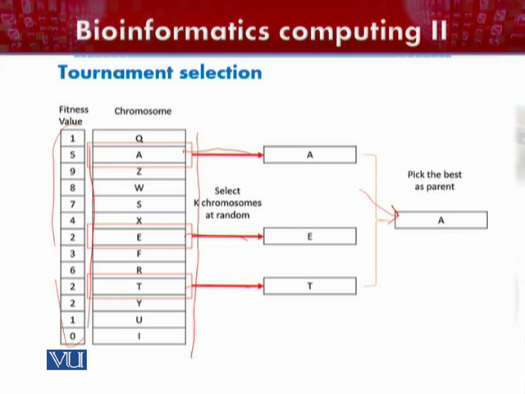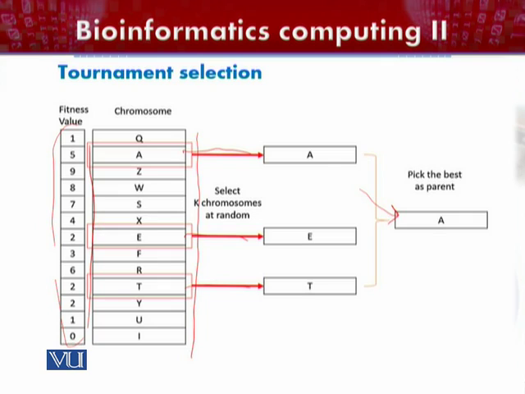For example, in this case, A has been selected as the winner of this tournament. Though A does not have the highest fitness value, it was given the opportunity to compete with the other individuals in this tournament, and it's the winner. That's why it's been selected.